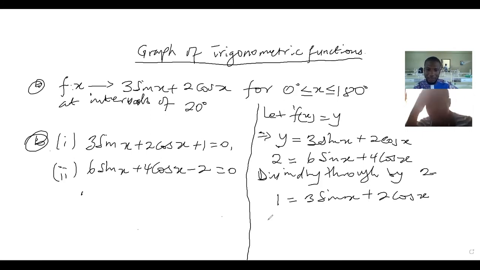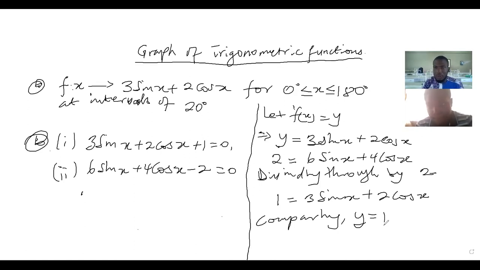So when we compare, this and this are equal, this and this are also equal. If the two of them are the same, then y should be equal to 1 before they can be equal. You get that? Yes, sir. Okay.